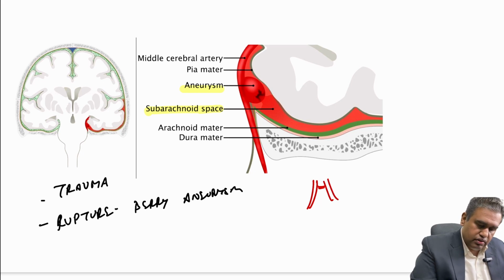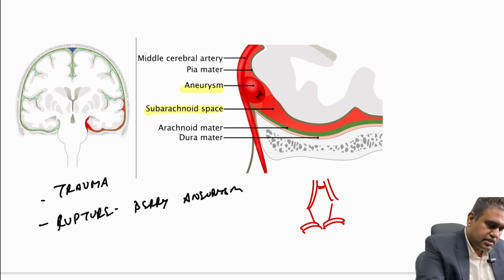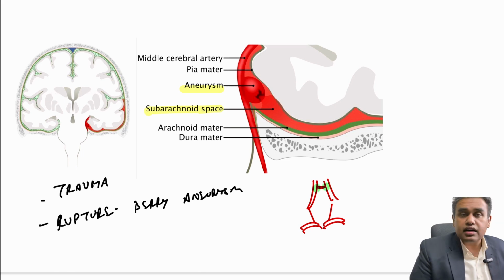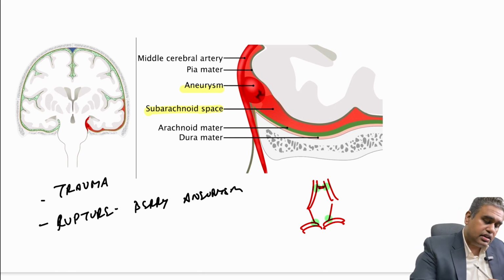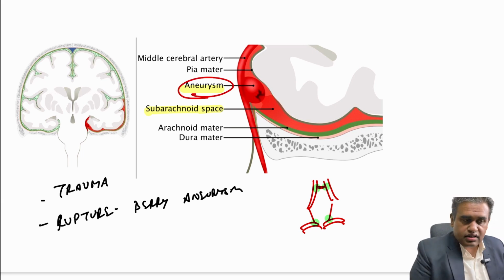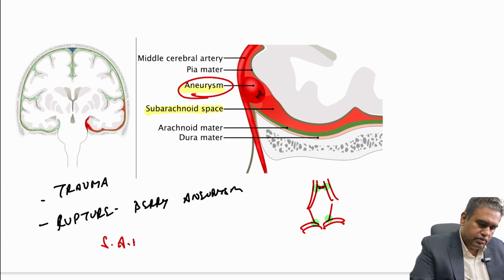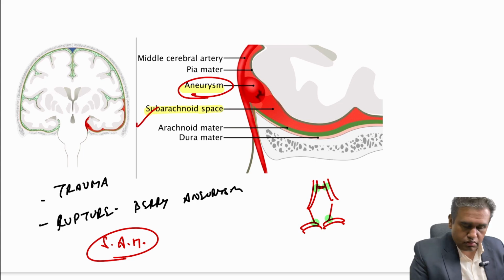Then you might also have seen that the posterior cerebral artery is joining with the posterior communicating artery. So areas like junction of anterior communicating or the posterior communicating artery, these areas are where the aneurysms might develop, as one is shown over here. Now, when there is increased pressure, those aneurysms might rupture, and they lead to subarachnoid hemorrhage, as we are seeing in this particular case, right?